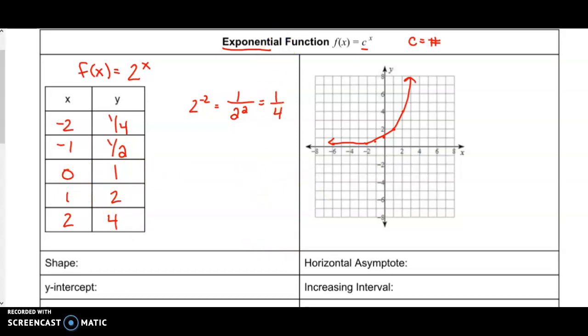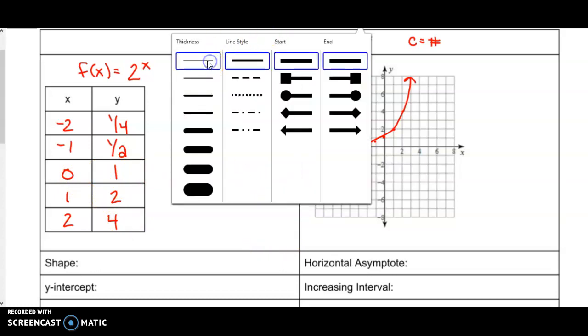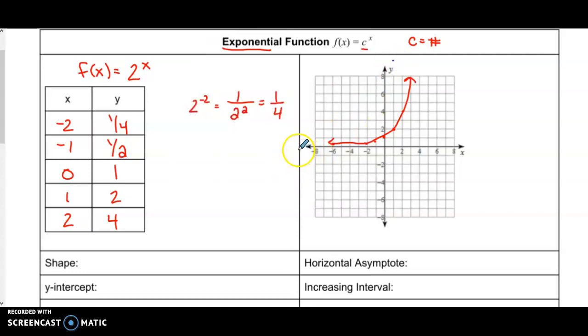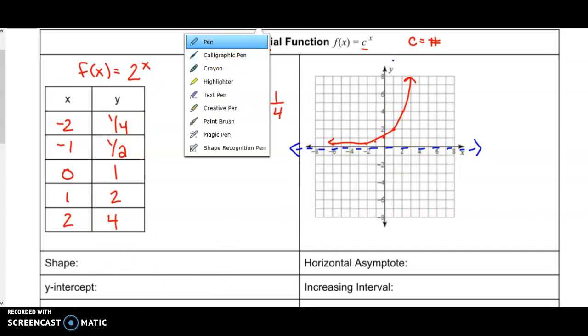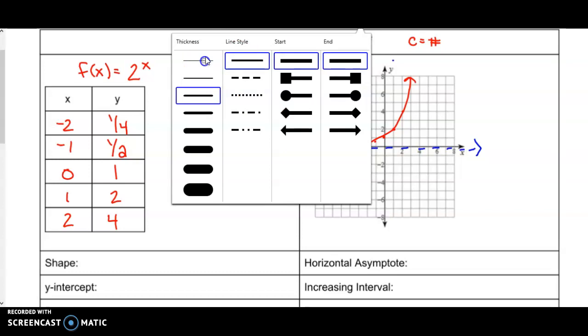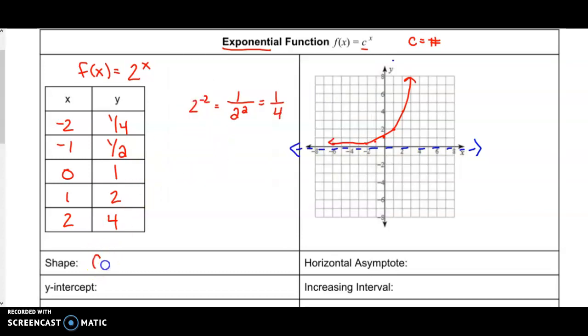So I'm going to put this in here with a different color line. A lot of times when you see asymptotes, you're going to see them as dashed lines. All right, so we have this horizontal asymptote that this graph is leveling out at. Whatever you want to call it for the shape, I'll just write curve again.